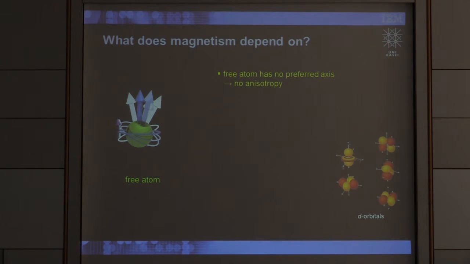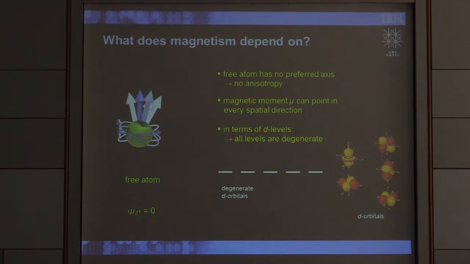In a free atom, there is no preferred axis, so no anisotropy. The spin and the orbital moment can point in any direction they want. And so basically the spherical average, or the average in one direction, is basically zero. You don't have a magnetic moment yet.